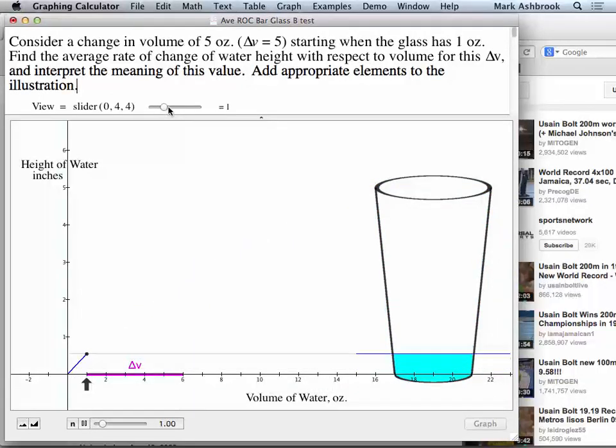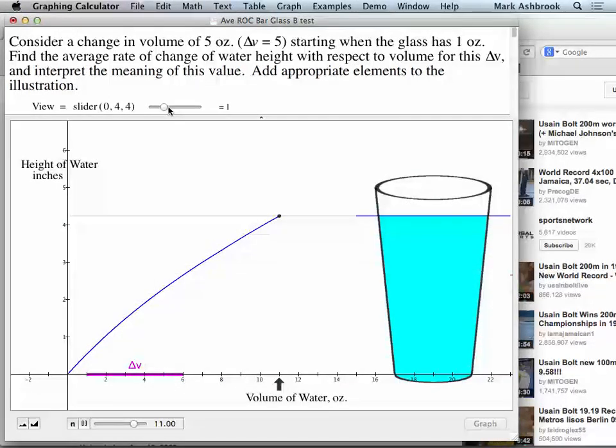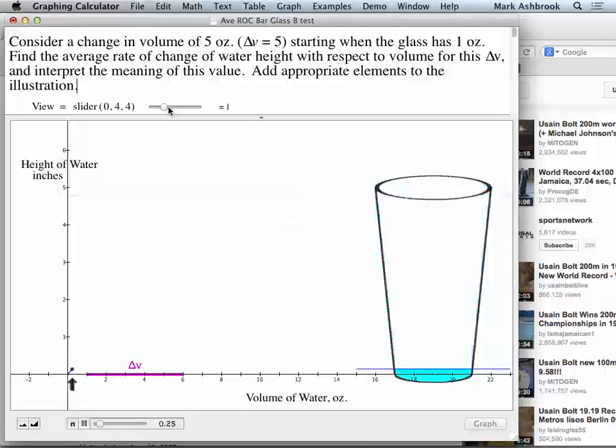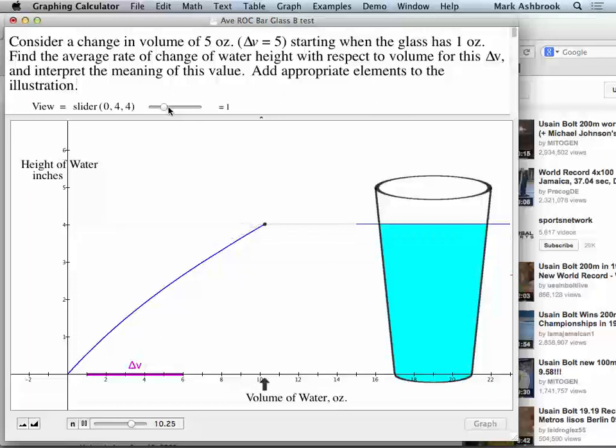Okay? So we want to consider the change in volume starting at 1 ounce, ending at 5 ounces. We want to find the average rate of change of water height with respect to volume.